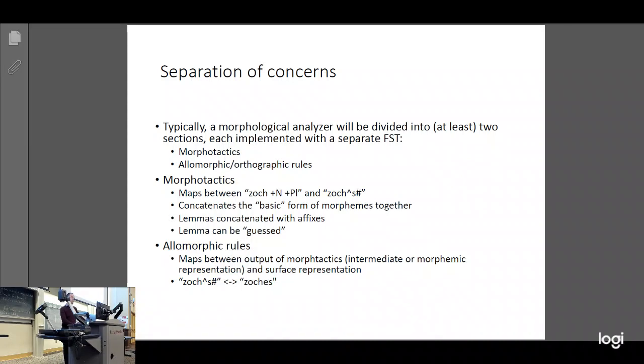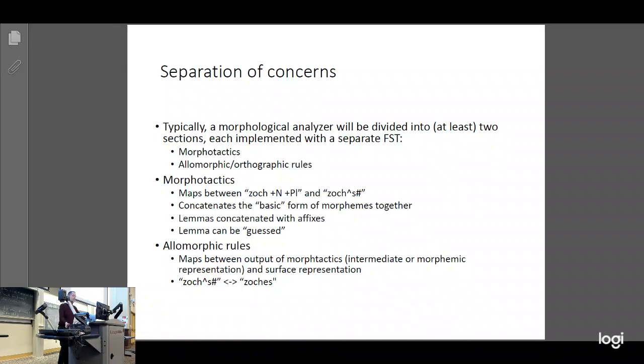So that's allomorphy, this kind of spelling rule, orthographic rule. You're going to become very familiar with English orthographic rules. I'm just telling you right now when you do homework too. So keep that in mind.